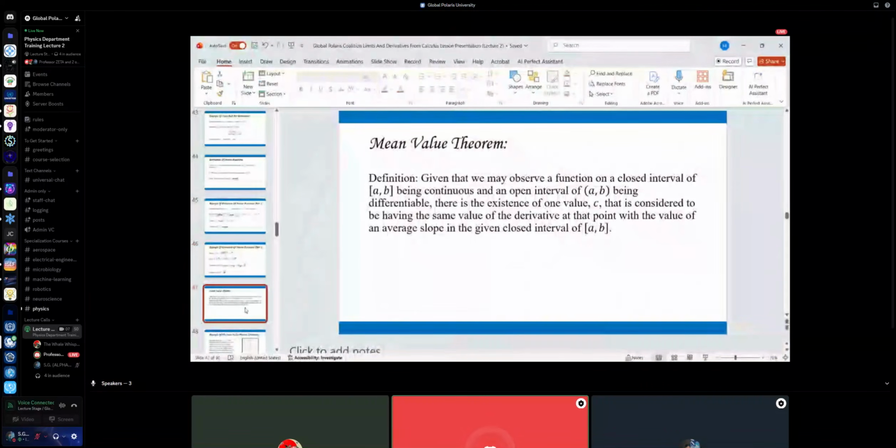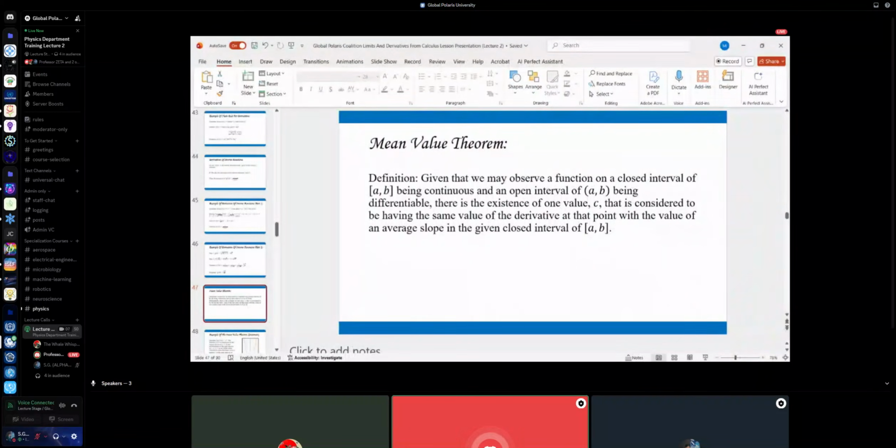Okay, now this is something that is similar to the IVT, the intermediate value theorem, but you can think of it as similar to the MVT, which is more specific for derivatives, compared to just limits in the IVT.